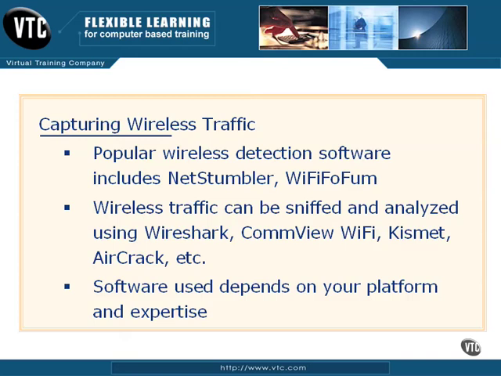Some popular ones, of course, are Wireshark, which we've already seen, a program called CommView WiFi, which we'll see in a moment, and some other popular software. Kismet's probably one of the most popular ones out there. It's a little bit older, but it requires particular kinds of wireless cards. There's also things like AirCrack and AirSnort. There are dozens of programs out there, a lot of them open source and free.